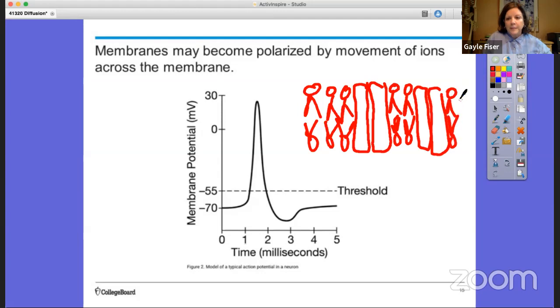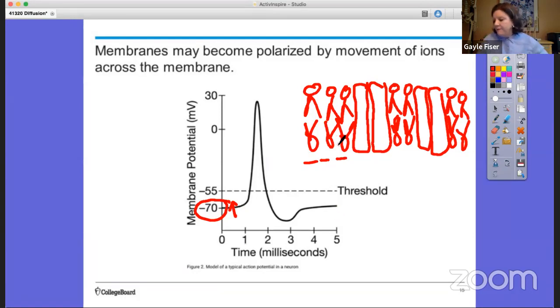I'll leave it at that. Then I'll catch the sodium-potassium pump on the next slide. So inside the cell, let's say this is a neuron. The inside of the cell's membrane potential is -70 millivolts. So this is at resting, right here on this graph.